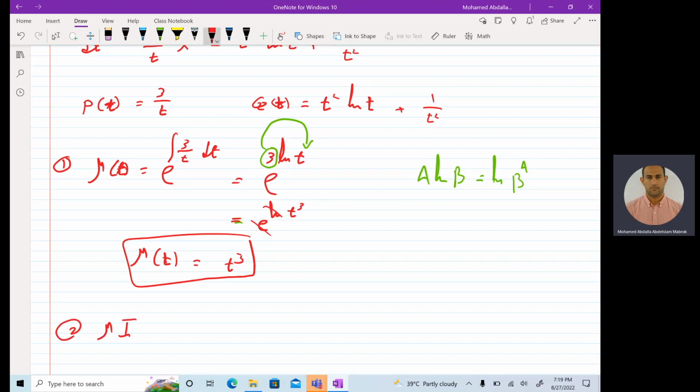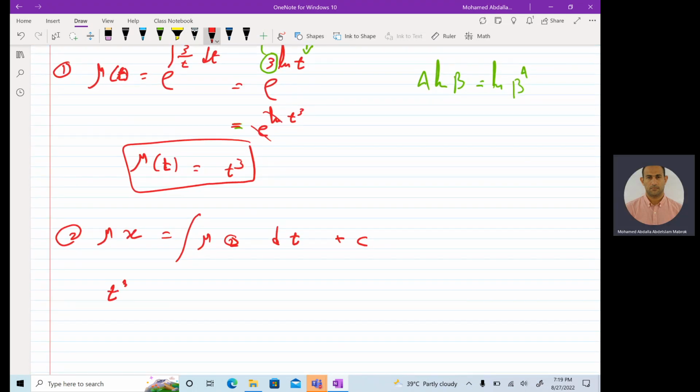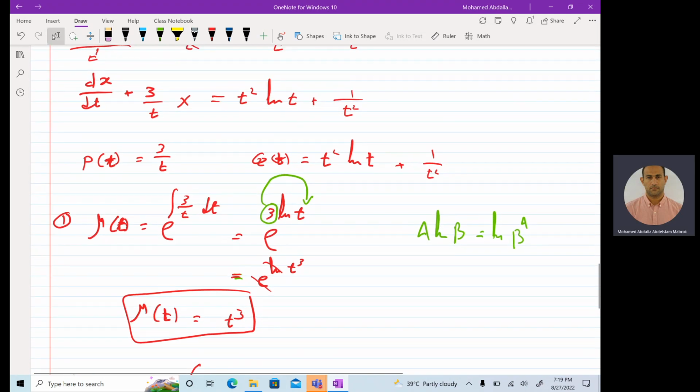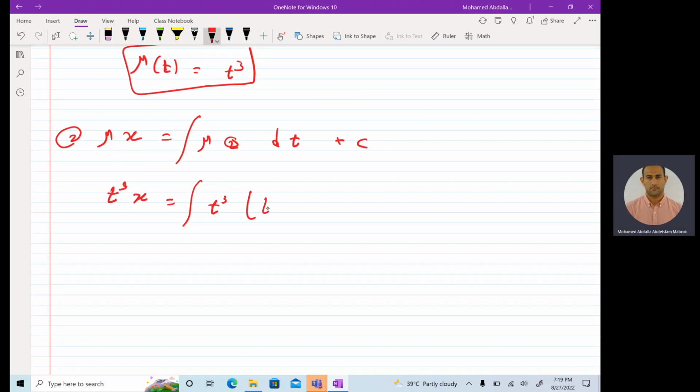So it's mu times x in this case equals the integration of mu times q dt plus a constant. And the mu, we just got it as t cubed, times x equals t cubed times the q of t, which is t squared ln t plus 1 over t squared dt.